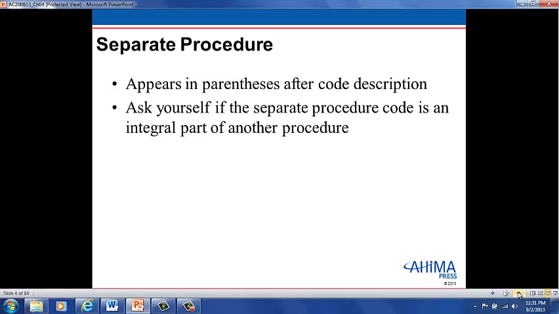This may represent a different session, different procedure or surgery, different site or organ system, separate incision or excision, separate lesion, or separate injury or area of injury in extensive injuries. As you code, you will note that separate procedure appears in parentheses after the code description.